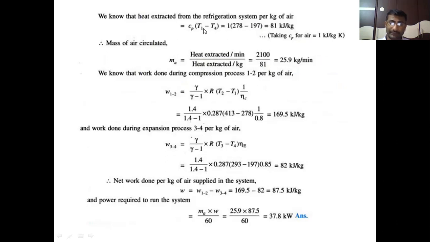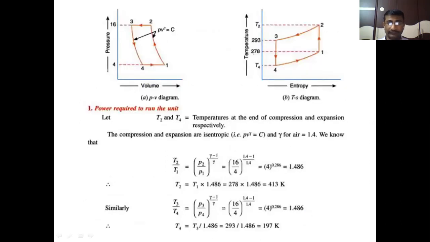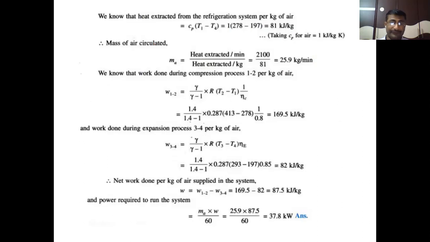This is the heat absorbed by the cycle during process 4-1, the temperature rise across the refrigerator. Then we will get 81 kilojoules per kg, taking the Cp value as 1.